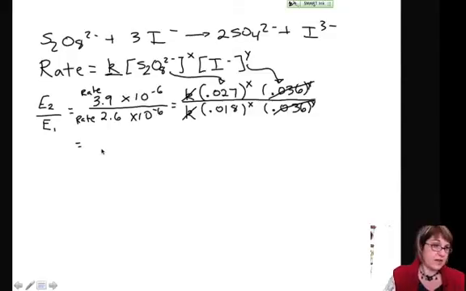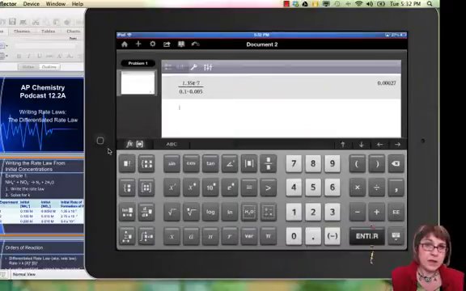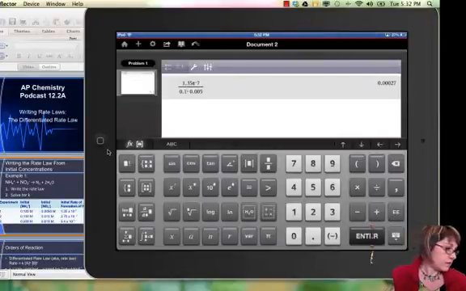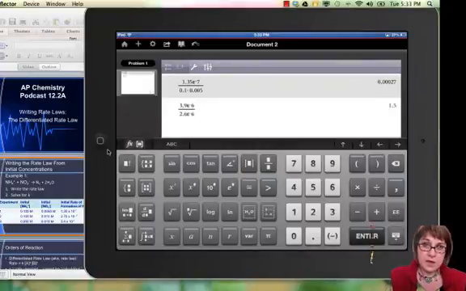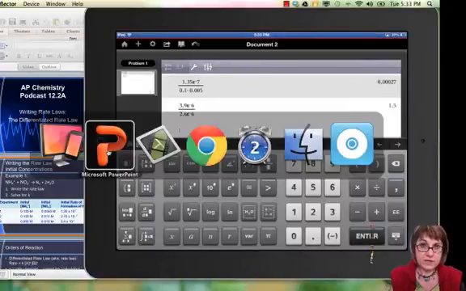So now use your handy calculator. Okay, so let's do this math. 3.9 times 10 to the negative 6 divided by 2.6 times 10 to the negative 6. And that gives me 1.5.